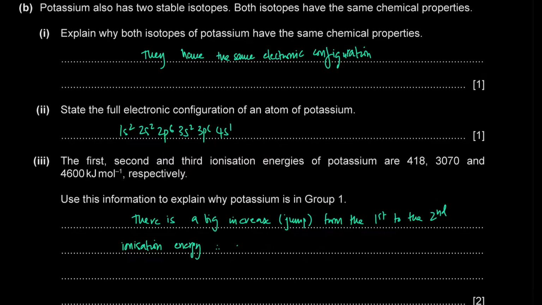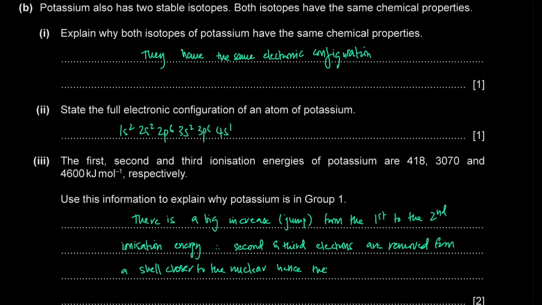The second and the third electrons are removed from a shell closer to the nucleus. Hence, there is only one valence electron. If there's only one valence electron, it's in group 1.